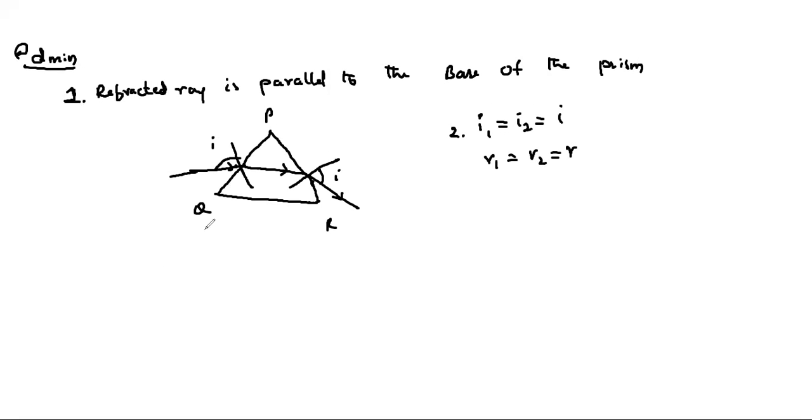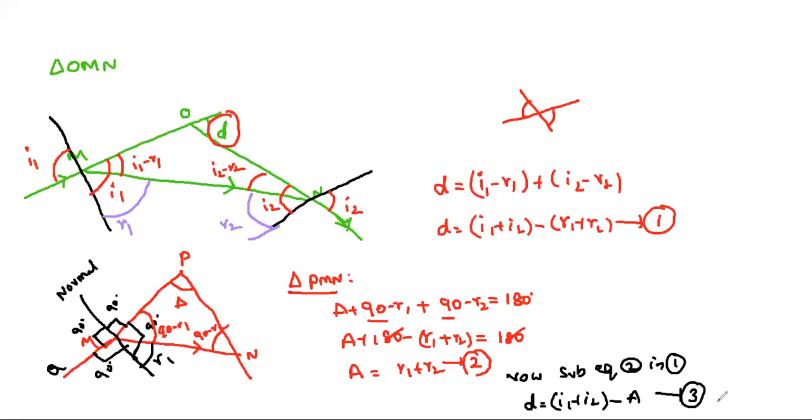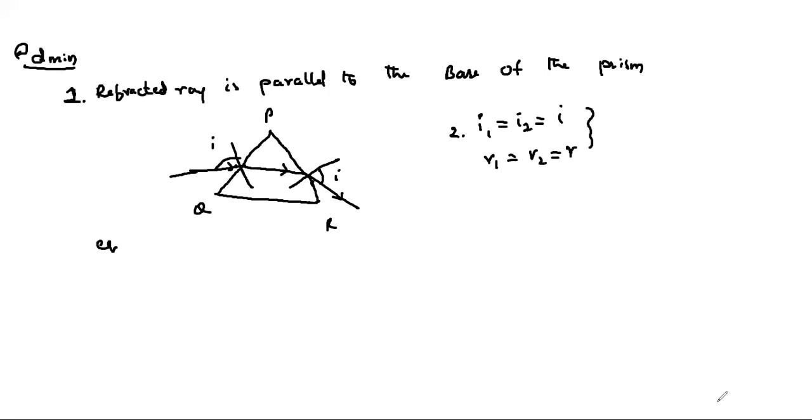Now substitute these values in equations 2 and 3. What is equation 2? You have the equation A is equal to R1 plus R2. Now A can be written as R plus R. From this, A equals 2R.